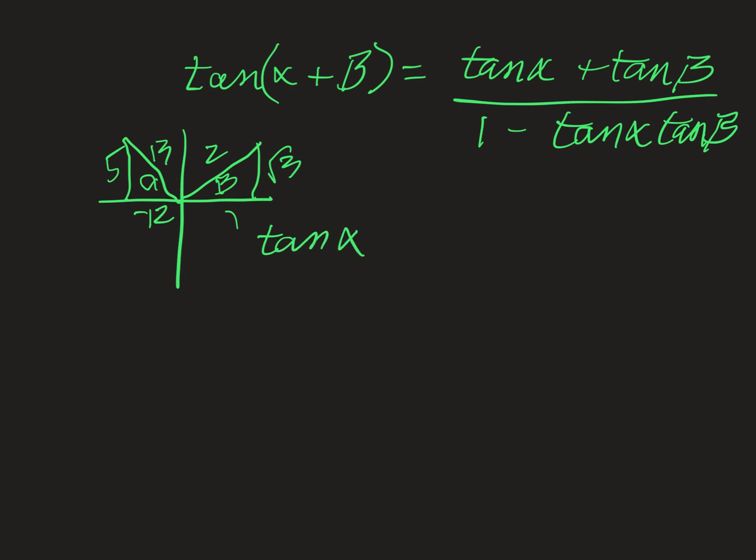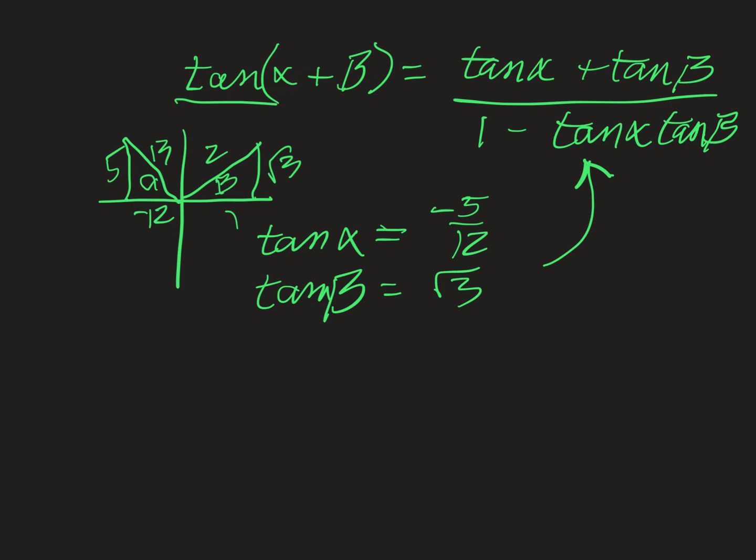Tangent alpha would be opposite over adjacent, so negative 5/12. And tangent beta would be square root of 3 over 1, or square root of 3. And so we could then substitute up here for tangent alpha and tangent beta and solve for the tangent.